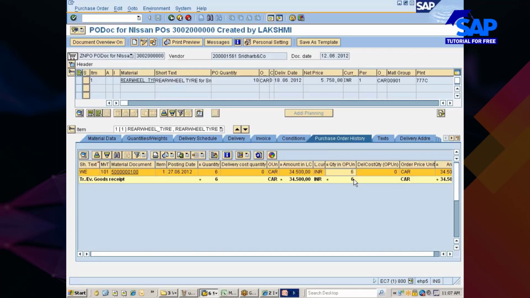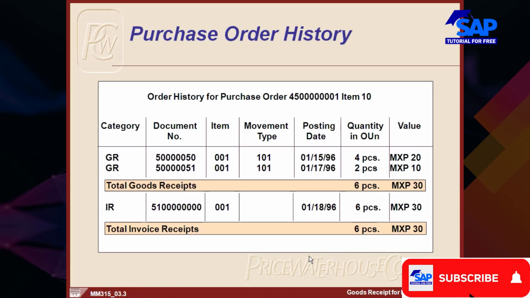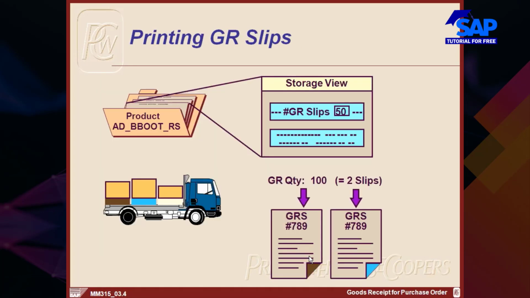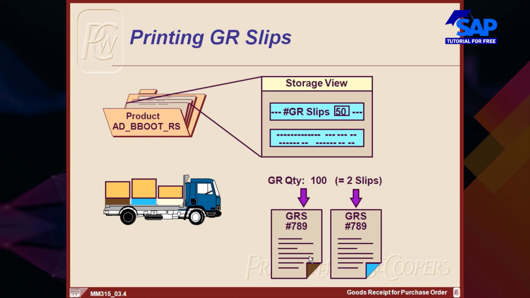Clear? So this is what we call goods receipts or the effects of goods receipt. Purchase order history, you have seen, this is how it gets updated. And then printing of GR slip, I have to go to configuration, which I will do probably in the next couple of days, because like what we have seen in purchasing, there is number range setup, prints, GR slip setup.